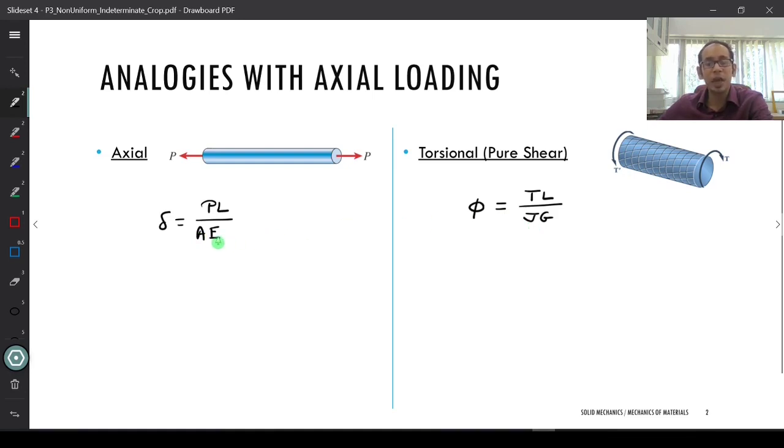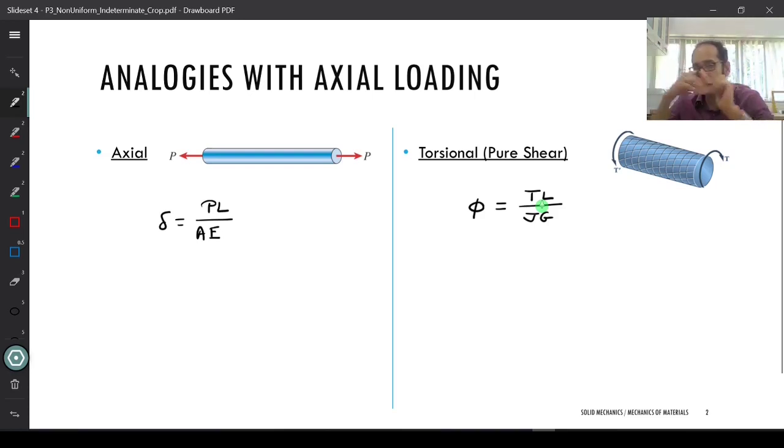Here you have the Young's modulus E, and here you have the shear modulus G. Analogically, these formulas look more or less the same: delta equals PL by AE, phi equals TL by JG. Analogically, they are predicting the same thing. One of them is predicting the longitudinal deformation and the other one is predicting the angle of twist.